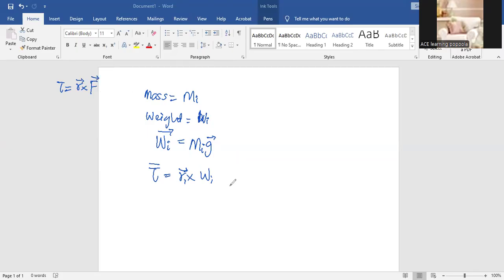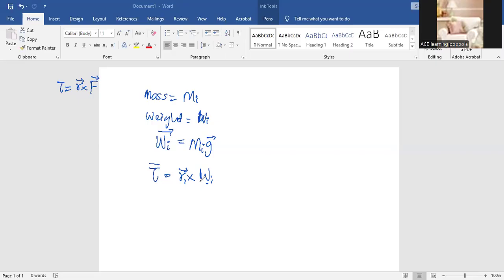Now, in this equation that I have just written, you know that weight is a force. So this formula has not changed. It is still force times perpendicular distance. It's just that this time around, the force we are dealing with is the weight, because it is due to the action of gravity on an object. That's why the torque effect is based on the weight.